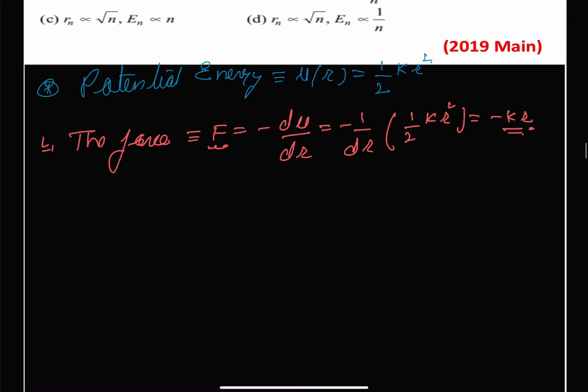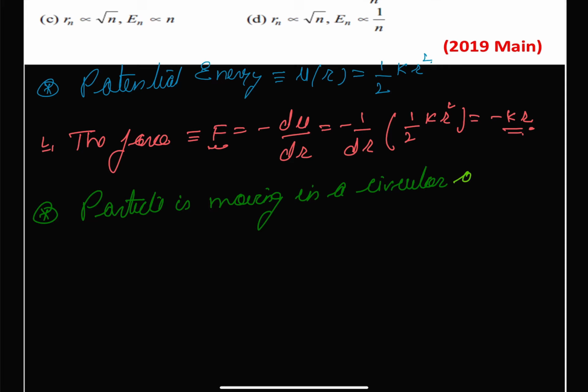And we also know that as it is moving in a circular orbit, this restoring force will be acting as a centripetal force. So the particle is moving in a circular orbit.